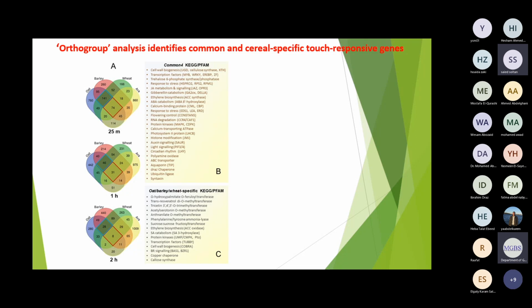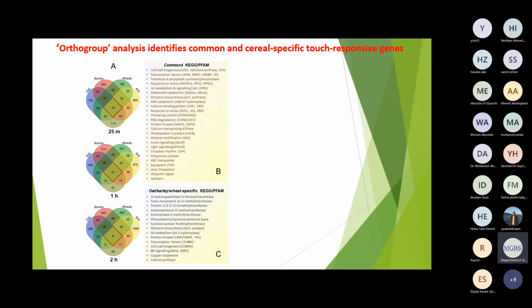So now we try, if all the previous studies were done on Arabidopsis, a dicot, and this is the first time to study monocots, cereals. So is there any pathway common between dicots and monocots in response to touch?